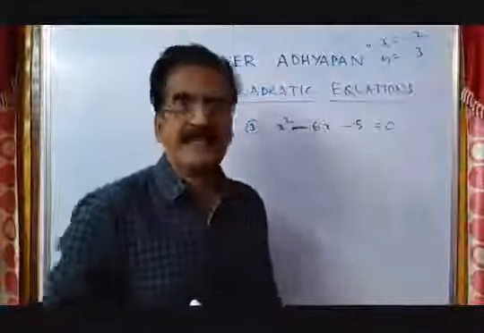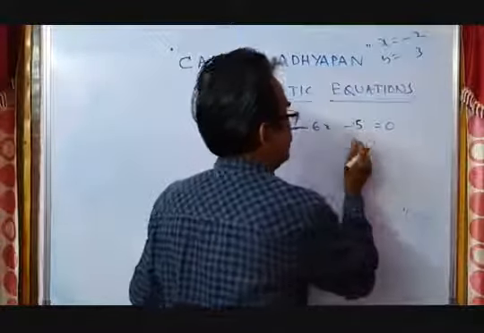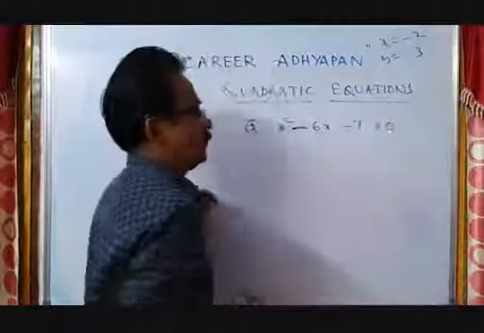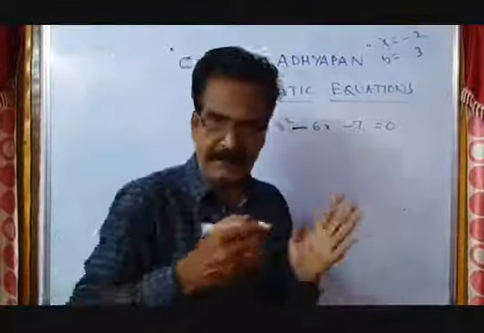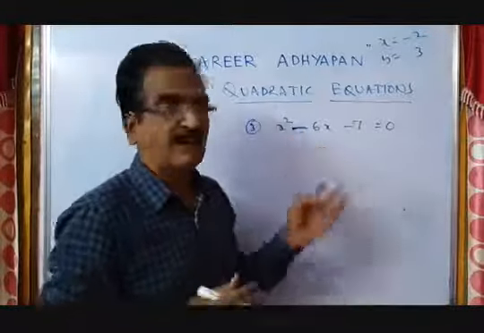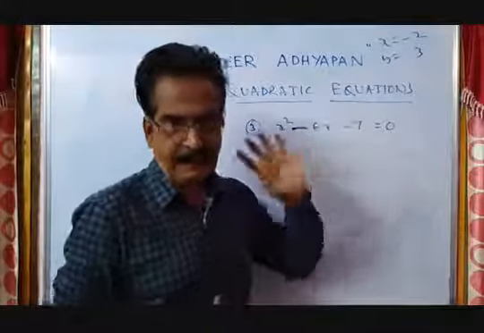So here this is the third case: x square minus 6x minus 7 is equal to 0. This is not the case where A, B, C have the same sign, and not as in the second case. Here minus, here minus.